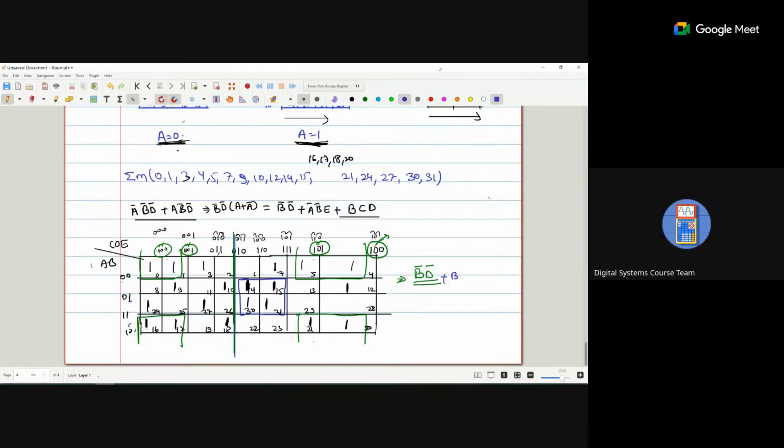Okay, if we go with these two columns, C is constant 1 and D is constant. So B C D, B C D, B bar D bar. Okay, now remaining is this one, this one, this one, this one, and this one.